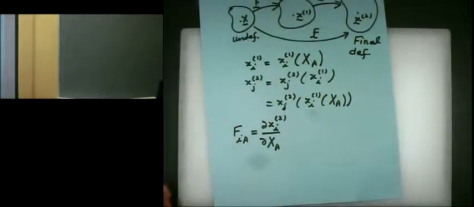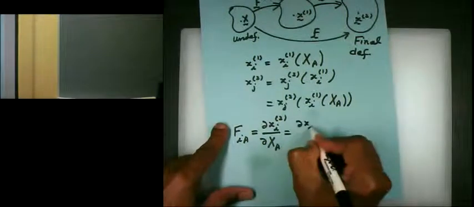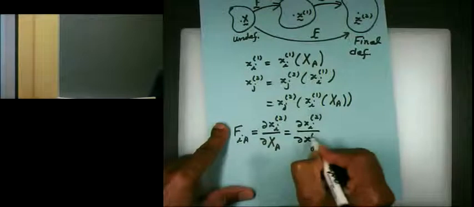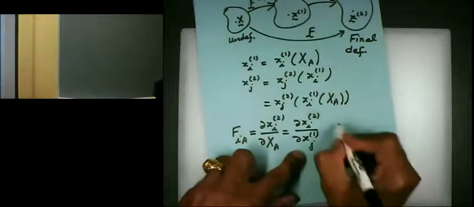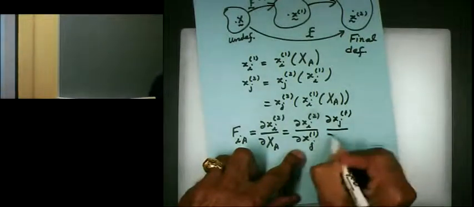Now, as Islam said, we use chain rule of calculus. So you differentiate this with respect to little x1, and then you differentiate x1 with respect to big X. Remember, this is summed on j.